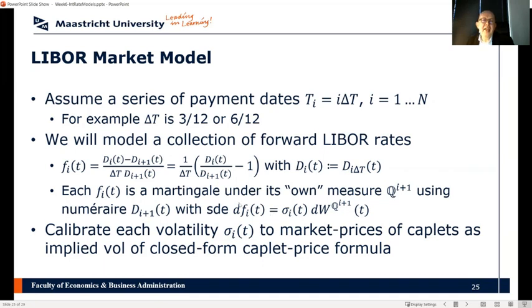And then the nice thing about a LIBOR market model is I can calibrate each volatility sigma_i that belongs to each forward LIBOR rate by taking the market prices of caplets that are quoted in the market. So the caplets are instruments that are actually traded in the financial market. And I can see market prices quoted for these instruments.